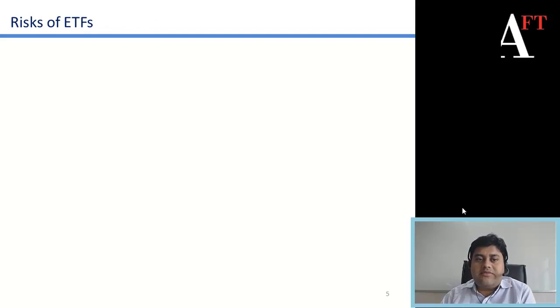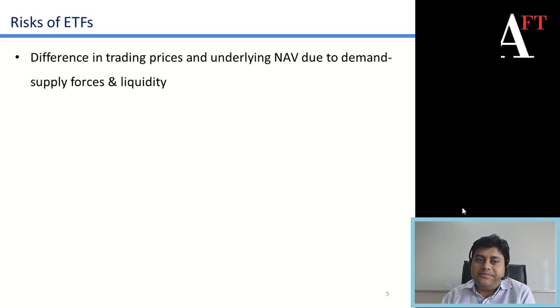Now let's look at some of the risk factors of ETFs. For an ETF, there could be a difference between the current trading price through the day and the underlying NAV because of the demand and supply forces and the liquidity of the ETF itself. So the underlying NAV per share of the ETF may be, say, $10, but it could be trading at $10.5 or $9.5 because of demand and supply or the popularity of that particular ETF.